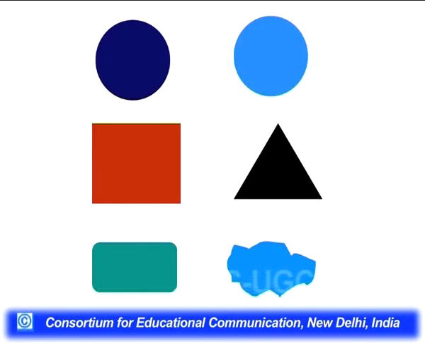In the second row you will find one red rectangle and one black triangle. Both are filled with different colors, one black and another red. Now, if I ask you which one will carry more weight, some of you may be confused. Some of you will say the red one, some of you will say the black one.